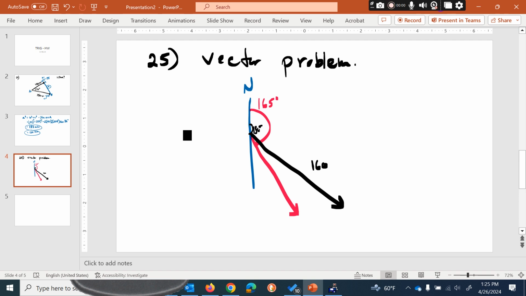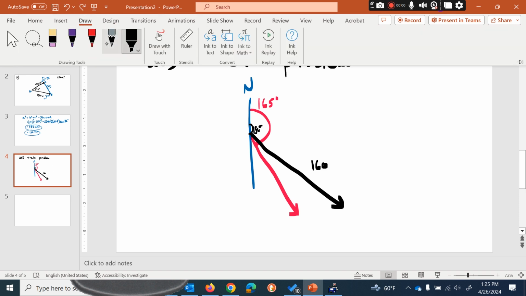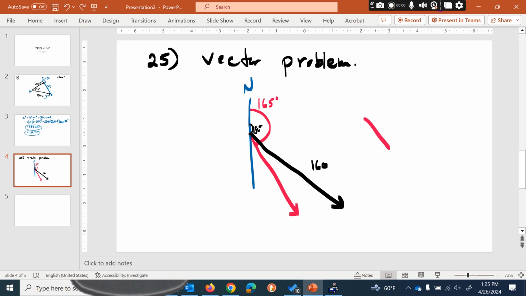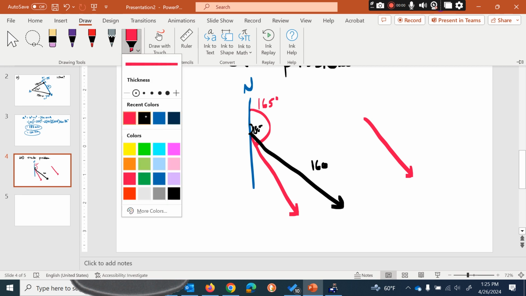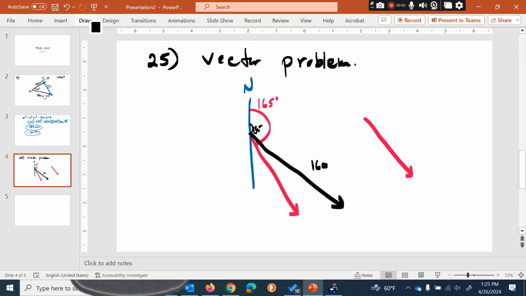Let's see if this works. I'm going to keep the red arrow and keep the colors exactly the same too. I'm going to keep this guy like this, and I'm going to move the plane. This slides down, and now it's like this.